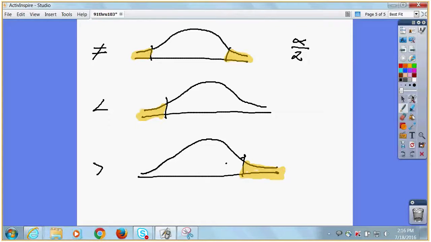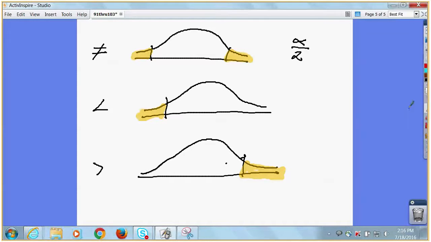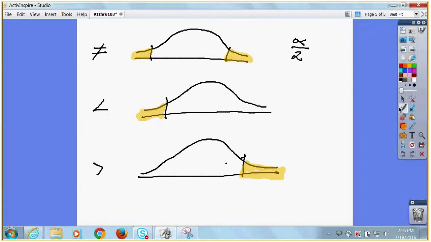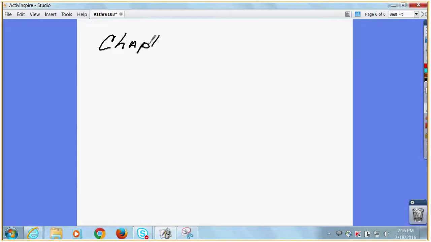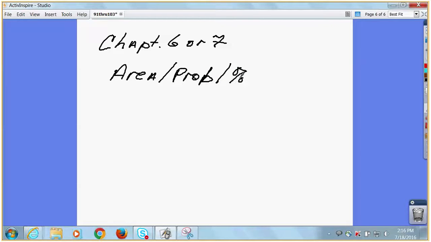Okay, remember in chapter 6 or chapter 7, I told you that area, probability, percentage, they all meant what?